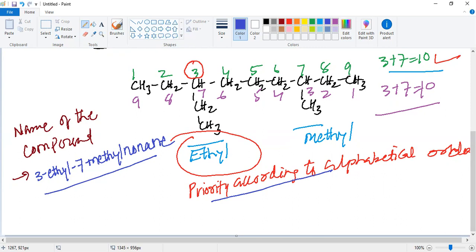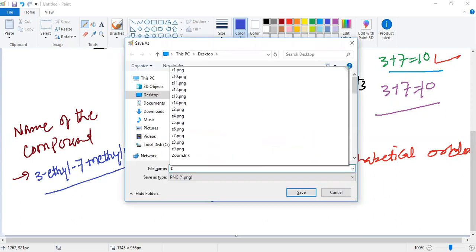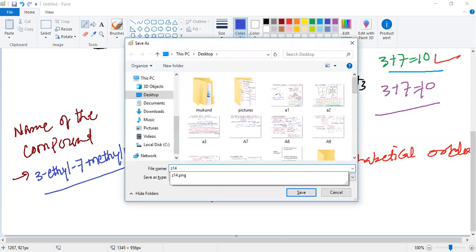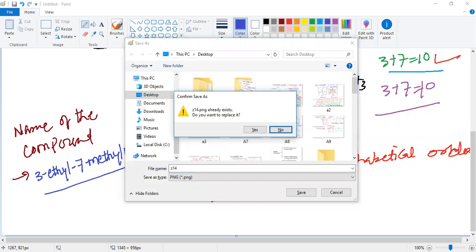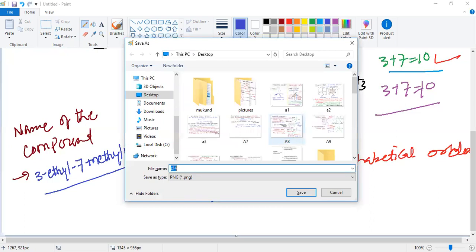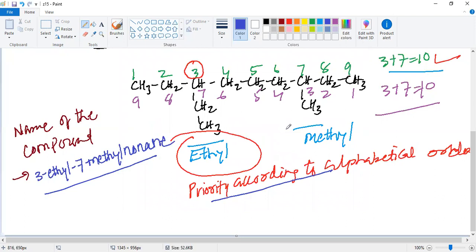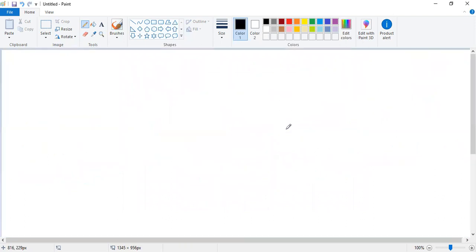So here, my dear students, we have studied about three major rules. Which are those three major rules? The first rule that we have studied was the longest chain rule.